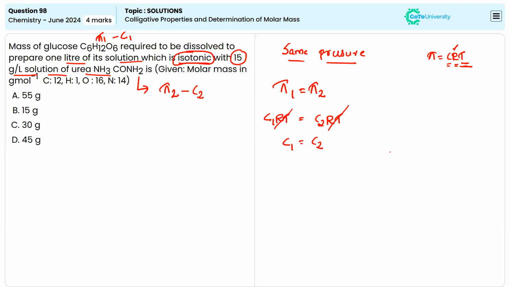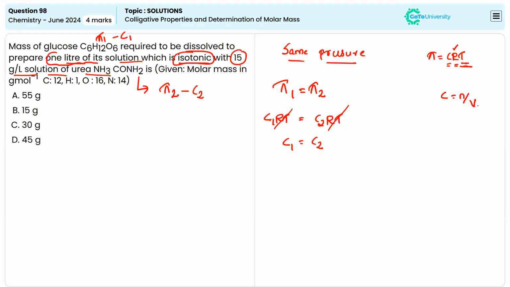It means the concentration is the same, right? So in order to get the same concentration, what is the equation to find the concentration? Concentration is equal to number of moles divided by volume. Concentration C is equal to n by V. For the solution here, 1 liter of solution is being prepared for urea and glucose, and for urea it is given as 15 gram per liter solution. 15 gram per liter means it is also 1 liter.